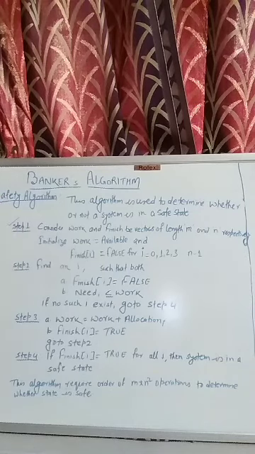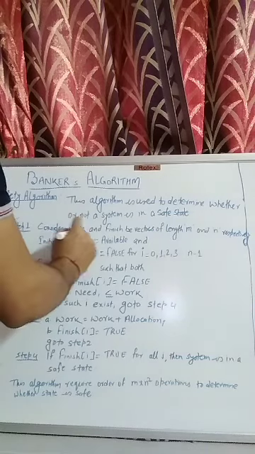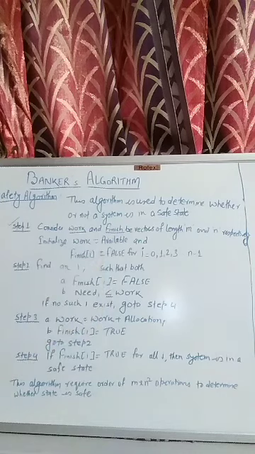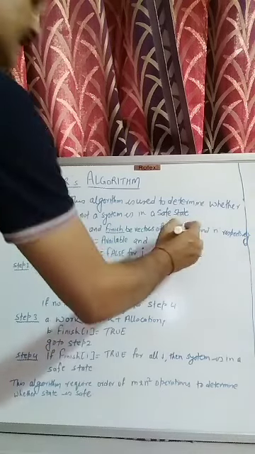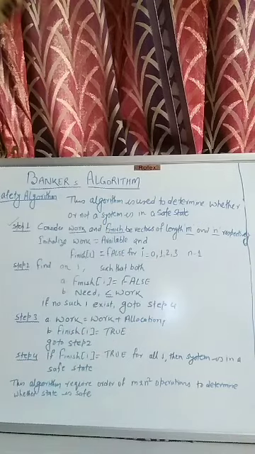In step 1, consider work and finish to be vectors of length m and n respectively. We assume there are two new vectors, work and finish, with length m and length n.